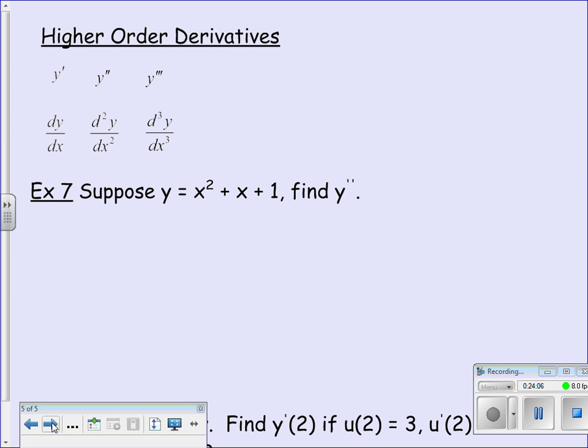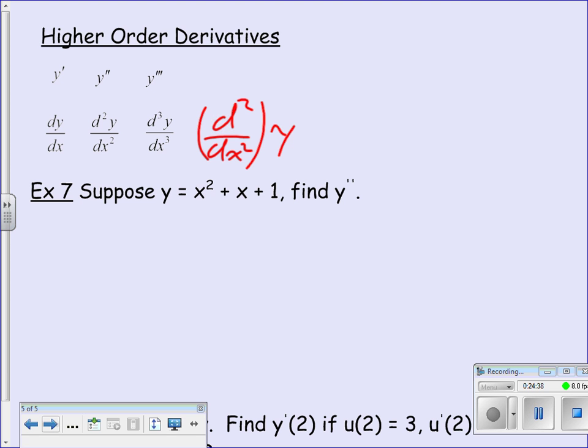Technically, I can rewrite them as the second derivative of y with respect to x. That's what that means. It's the second derivative of y with respect to x. The third derivative of y with respect to x. That's what higher order derivatives are. You just take more than one derivative.